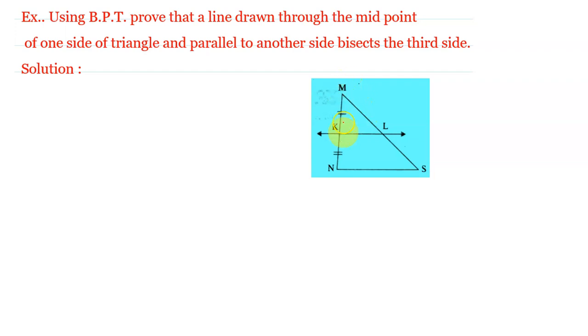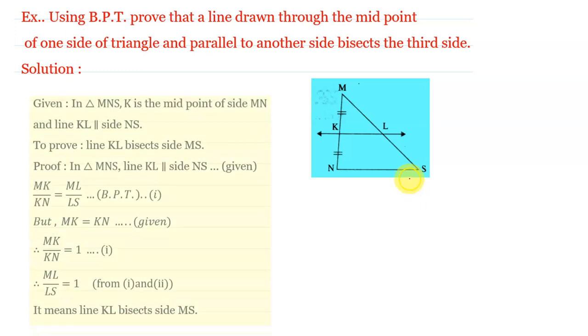Triangle MNS. Okay, what is the first? A line drawn through the midpoint of one side. K is the midpoint of MN, and the line is drawn parallel to another side. That is, KL is parallel to NS. Then we want to prove that L is the midpoint of MS.